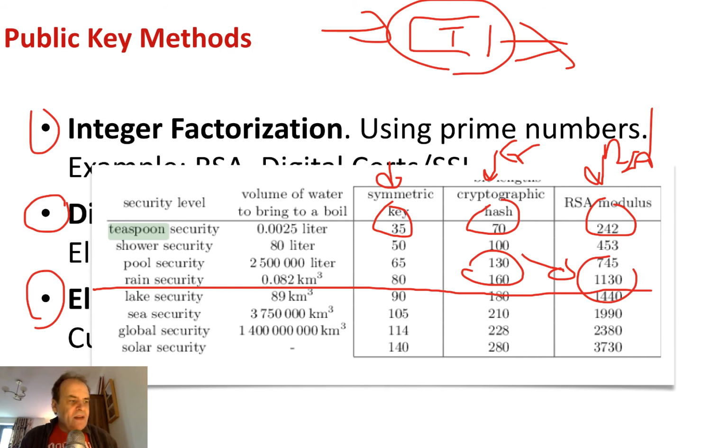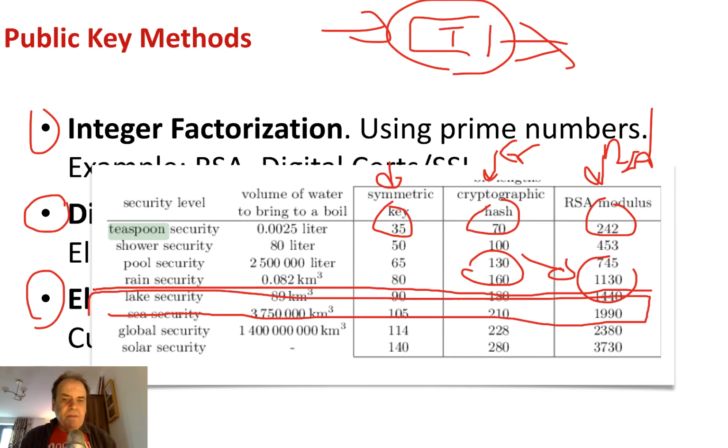And then we would need all of the energy to boil all of the seas in the world to crack 210-bit elliptic curve and nearly 2000-bit RSA. And then these ones here are obviously extremely difficult to crack. So we're looking at 4K keys now to be able to keep RSA strong.